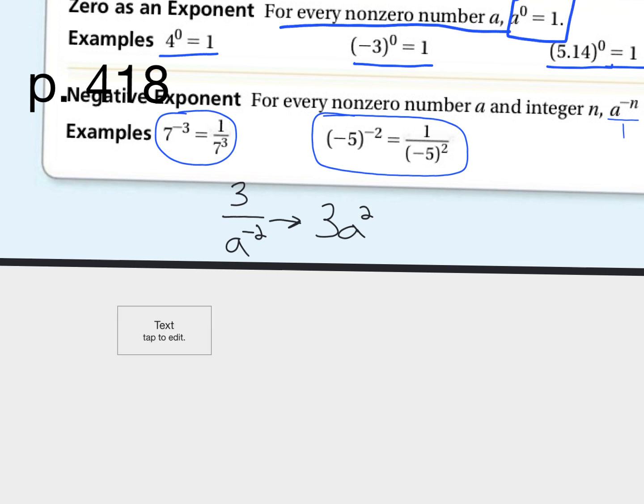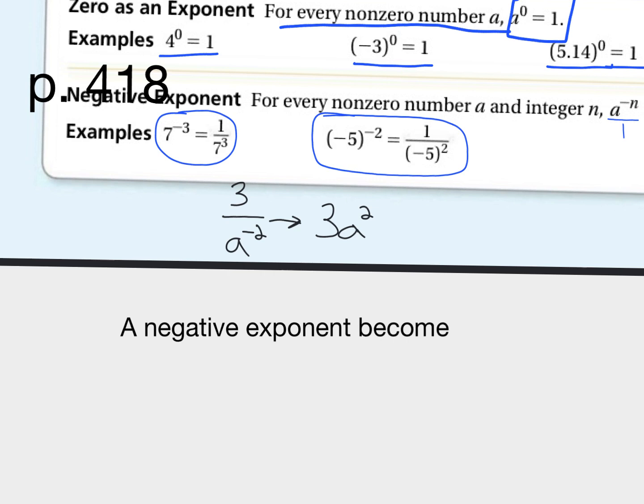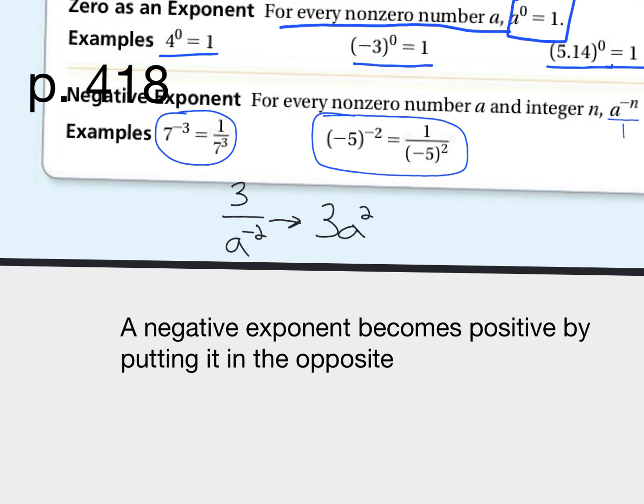So I look at it like this. A negative exponent becomes positive by putting it in the opposite part of the fraction.